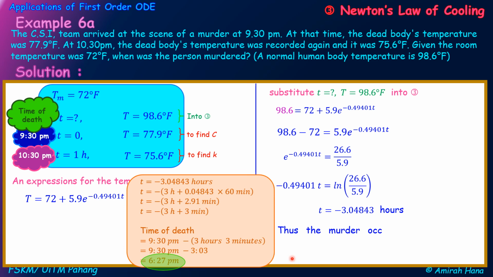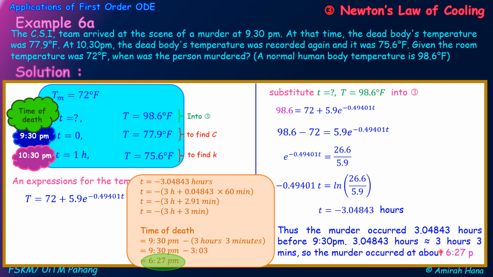Then we can write: thus the murder occurred 3.04843 hours before, the word before here because it is negative, before 9:30 p.m., and 3.04843 hours is approximately 3 hours 3 minutes. So the murder occurred at about 6:27 p.m. on the same day, because it is less than 24 hours.